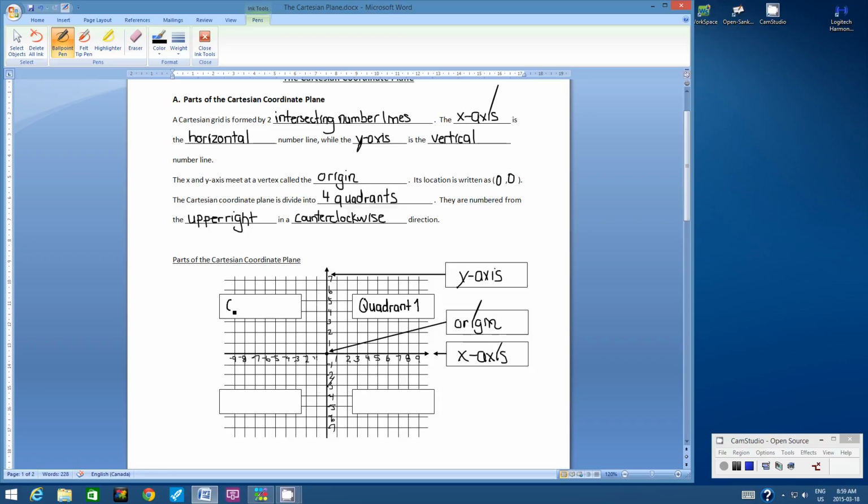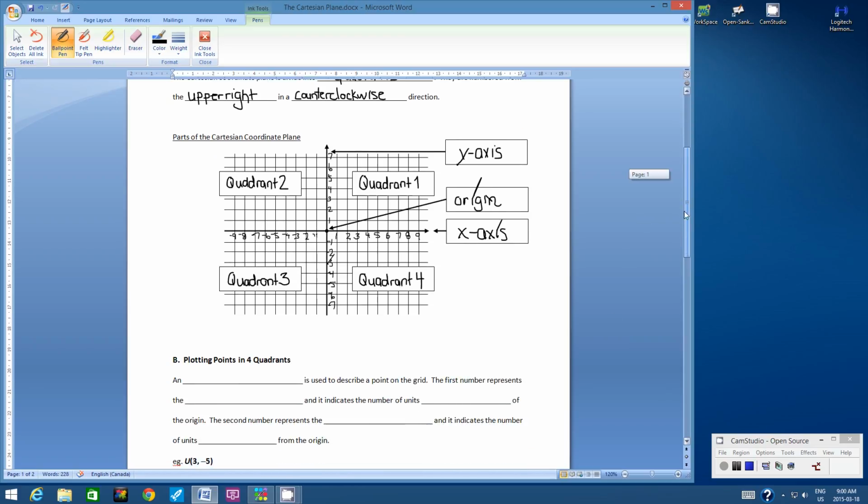So this would be quadrant 2. This is quadrant 3. And this is quadrant 4. Okay, so there's our diagram of the Cartesian coordinate plane.